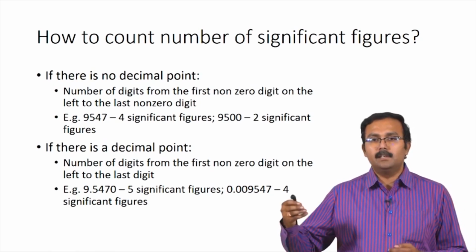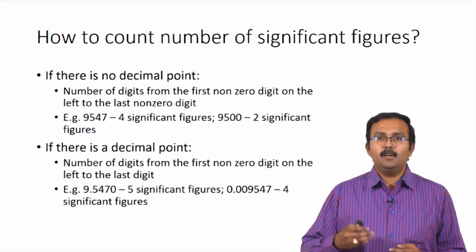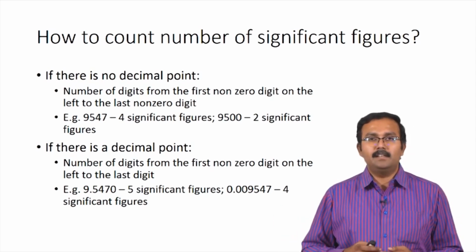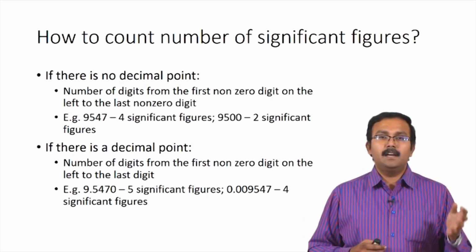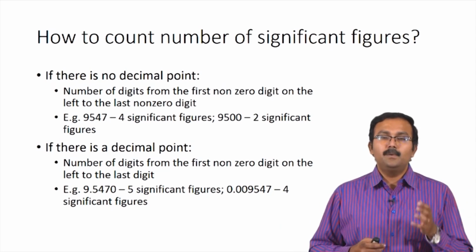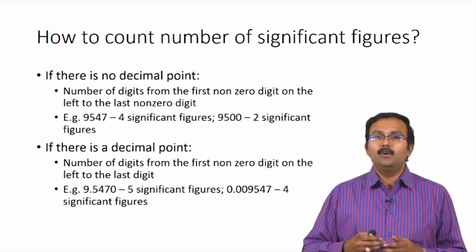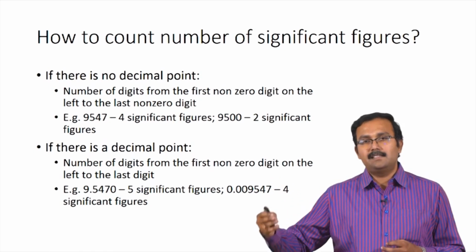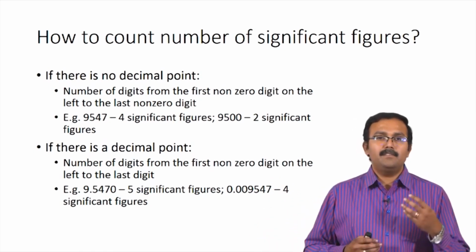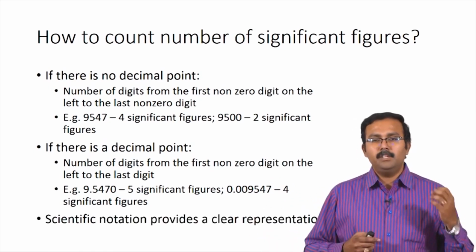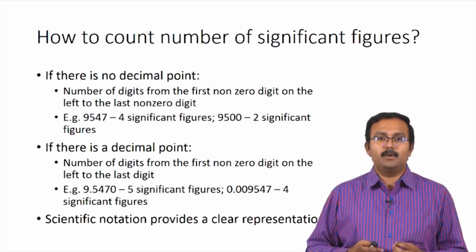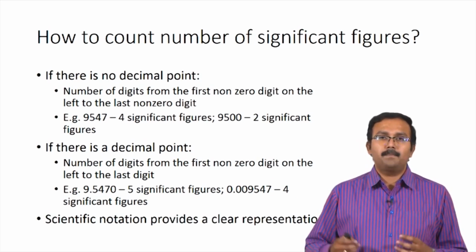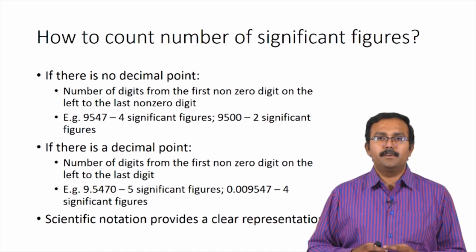If I were to use the second example, which is 0.009547, I still start with the first non-zero digit on the left, which is still a 9, and I go all the way till the last digit, which is a 7, thereby giving me only 4 significant figures. If you write these numbers in scientific notation, then there is a clear representation of these significant figures.